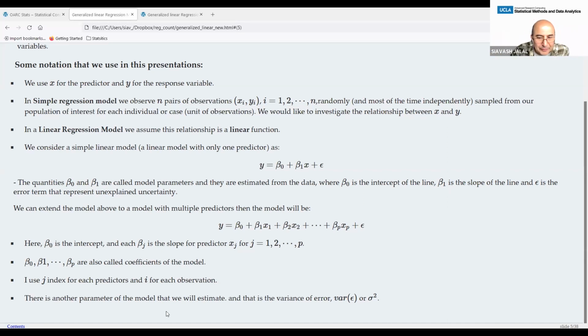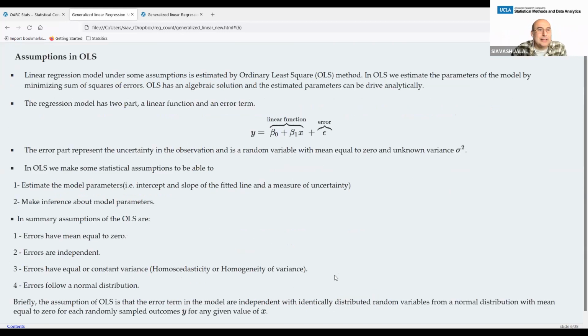And yeah, I explained that here. Another parameter that we are estimating is the variance of epsilon, which is sigma squared. That is unknown. And as a byproduct of this linear regression model, we estimate that, which is very important, in fact.